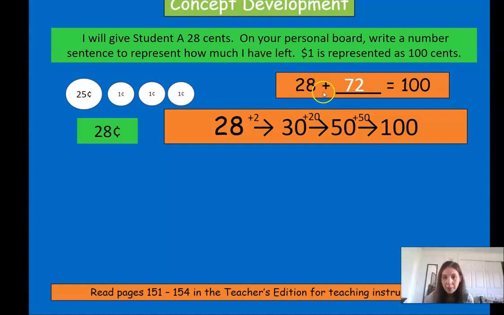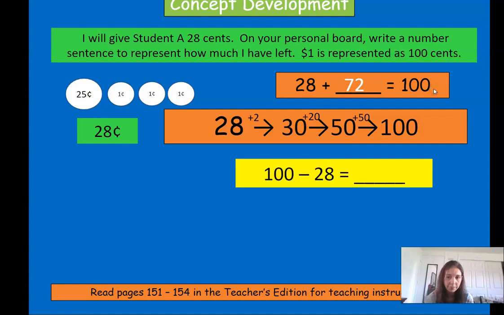So 28 plus 72 equals 100. We also could have done our number sentence like this, where we said, we know we started with 100, and we took away 28 because I gave away 28 cents, and how much am I left with, okay? And the answer would still be 72.